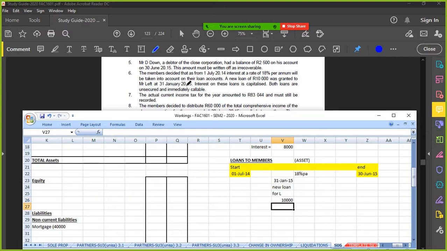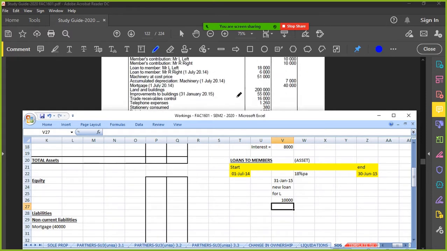Alright, what else? Interest on these loans is capitalized. That's important because it's added to the balance. Both loans are unsecured and immediately callable. So both loans are short term. Alright, so we need to go back. Okay, where are the loans to? Here, loans to members, left. Okay, we need left. 18,000 was at the end.